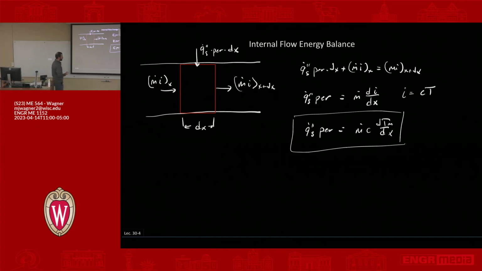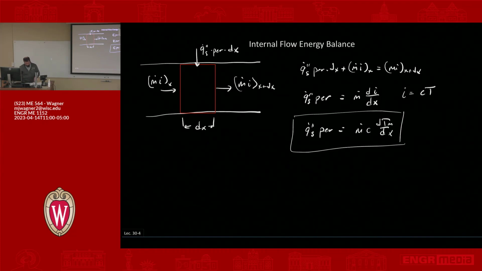Again, that's going to look familiar. This can be easily solved if q dot s is a constant. One thing to point out is that this perimeter is the heated perimeter. That's any part of the perimeter where q dot double prime is present. That's not the hydraulic perimeter. But yes, that's the energy balance.